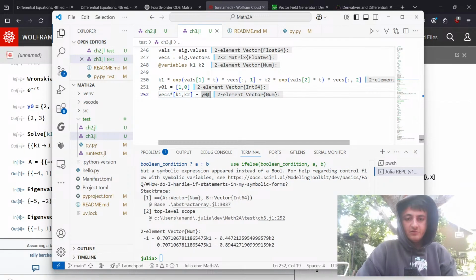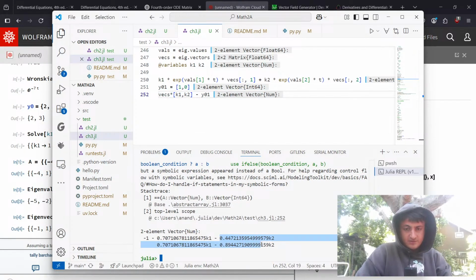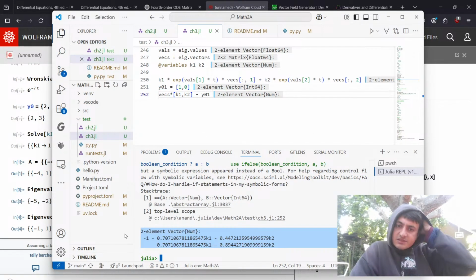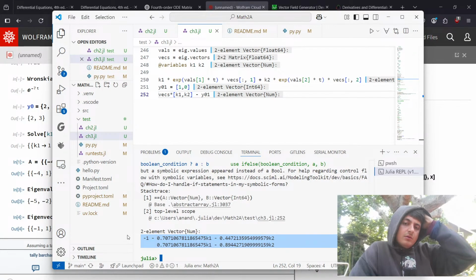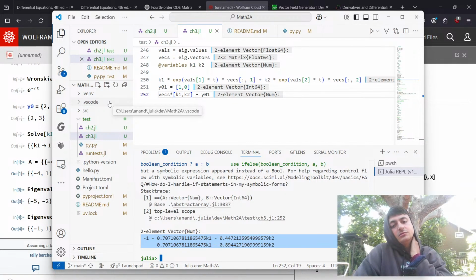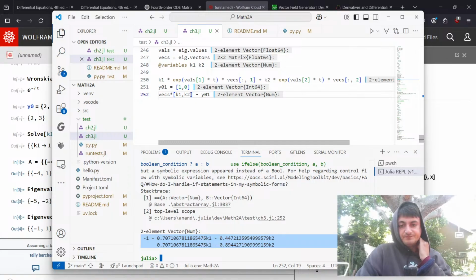So now we need to solve this. This doesn't look right because it's affine. Is that true? No, I don't think that's true. Let me think. No, yeah, we just need to solve that.